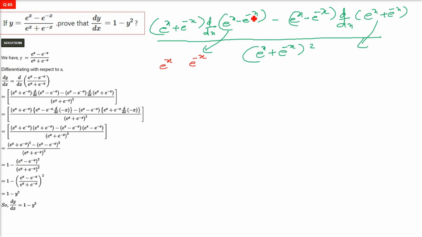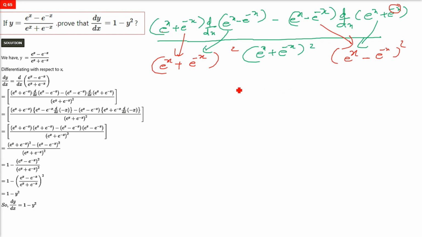So it will be e to the power x plus e to the power minus x. Here you have e to the power x, and e to the power minus x will be e to the power minus x. Again a negative will come outside. So this will be e to the power x minus e raised minus x. Now since these two terms are same, it will be simply square: e raised x plus e raised minus x whole square. This also: e raised x minus e raised minus x whole square.